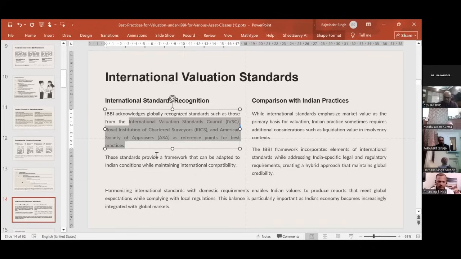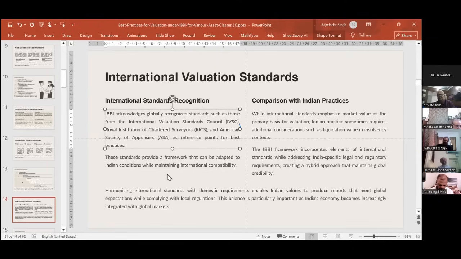Second one is Royal Institution of Chartered Surveyors, means RICS standards, and American Society of Appraisers standards, ASA standards, as reference points for the best practices. So these standards provide a framework that can be adopted to the Indian conditions while maintaining international compatibility.